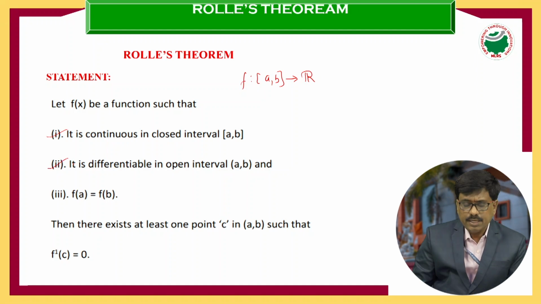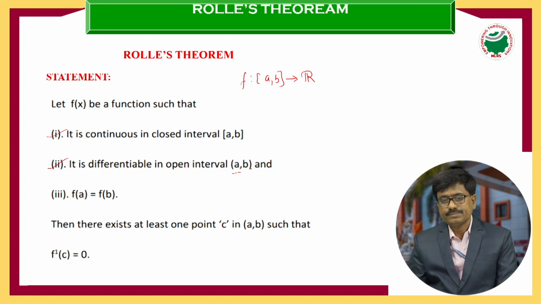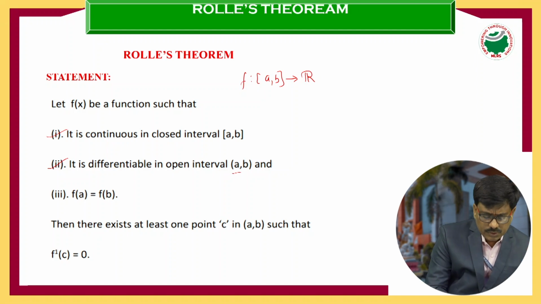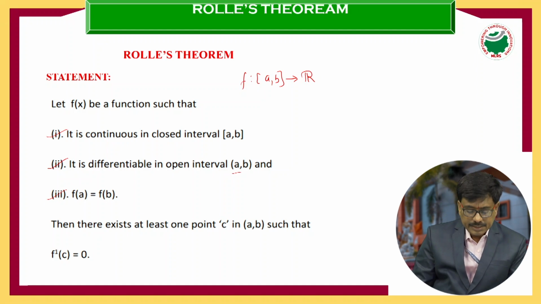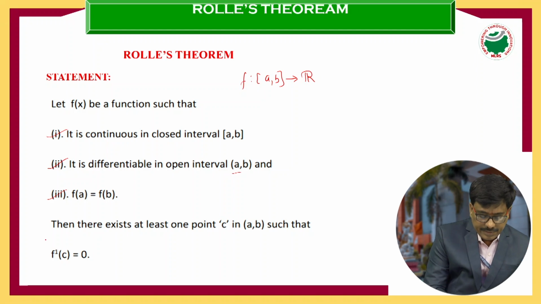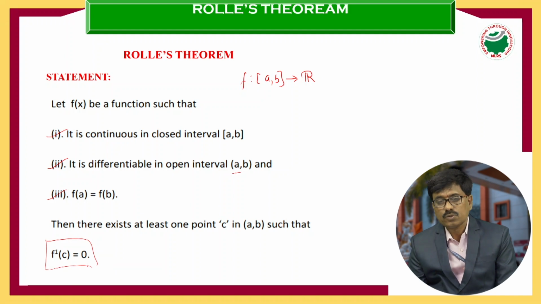The second condition: f is differentiable in the open interval (a, b). And the third condition: f(a) equals f(b). Then there exists a point c between a and b such that f'(c) equals 0. This is the statement of Rolle's theorem.